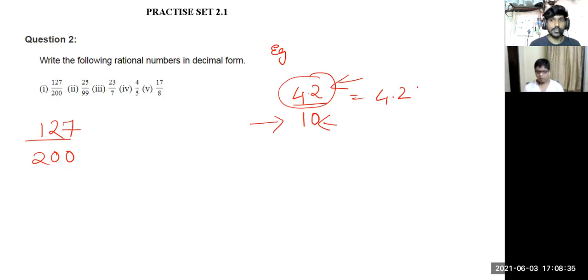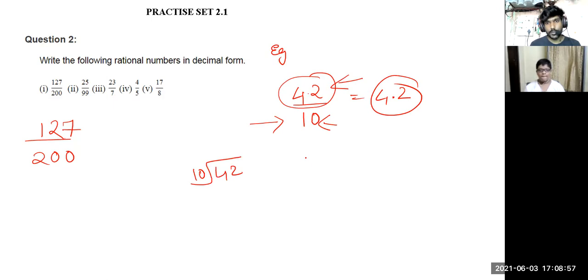So 4.2 is the answer. Understood? Instead of dividing, you just look at the denominator and accordingly put the decimal. Let's do a few more examples like this.